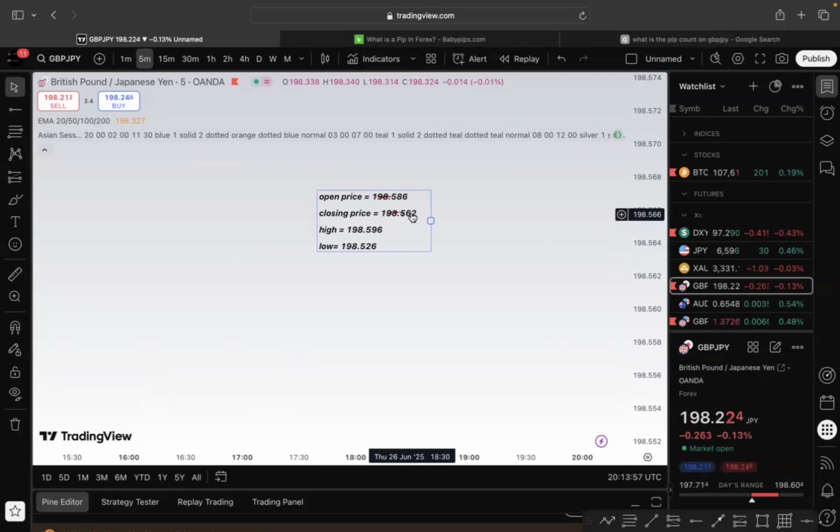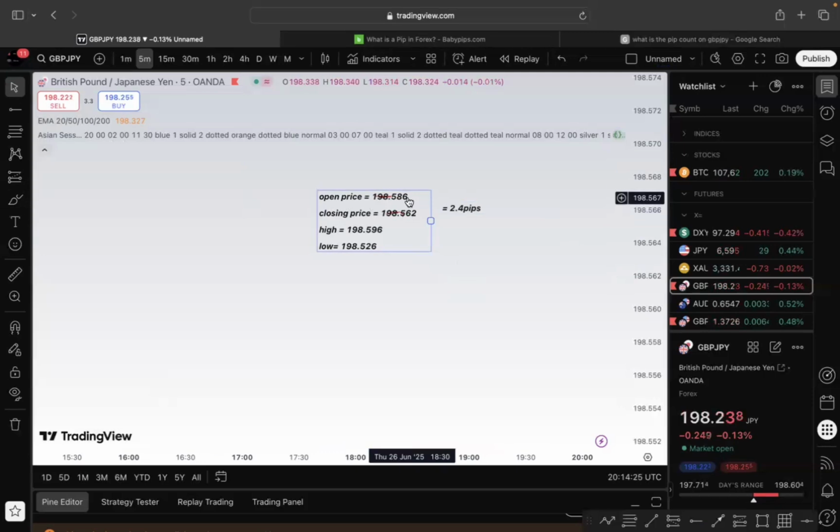And because I know the pip movement is supposed to be 2 point something or 1 point something, it means the number of pips that price moved from the opening price to the closing price will now be 2.4 pips. Why? Because from 8 to 6 alone is supposed to give you 2 pips.